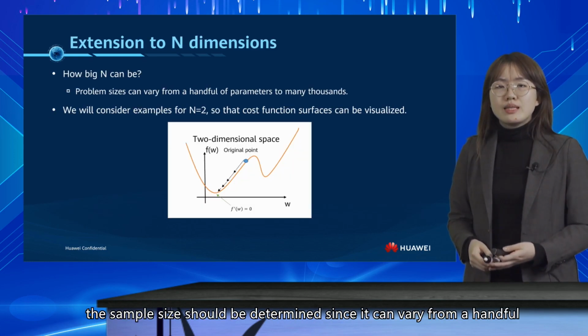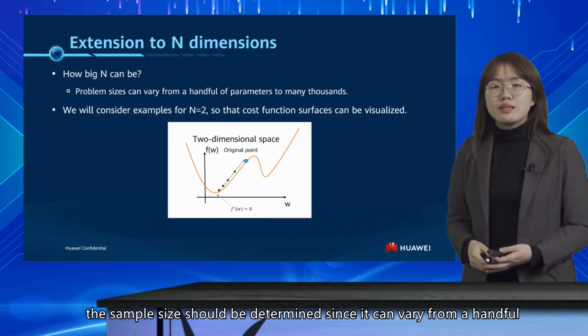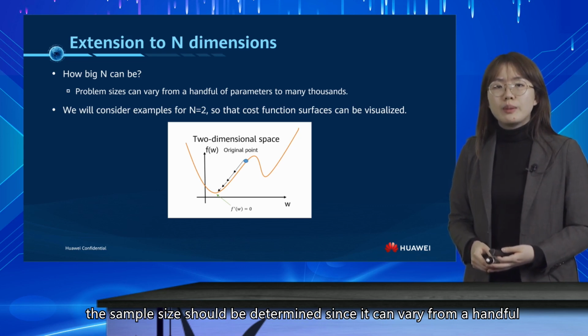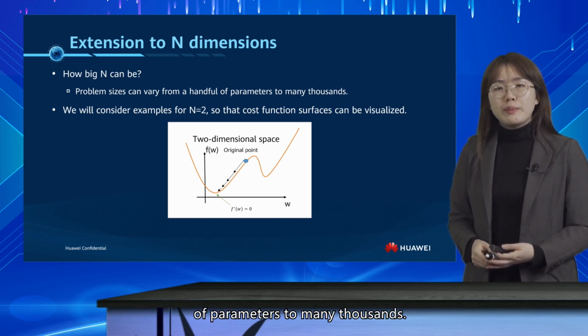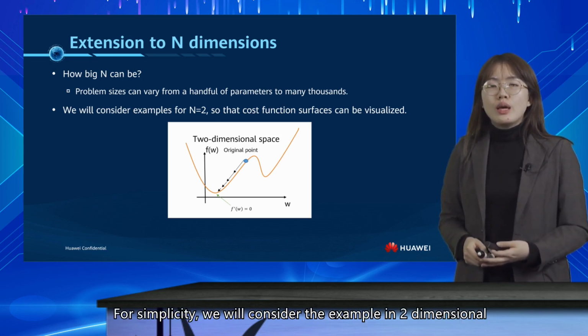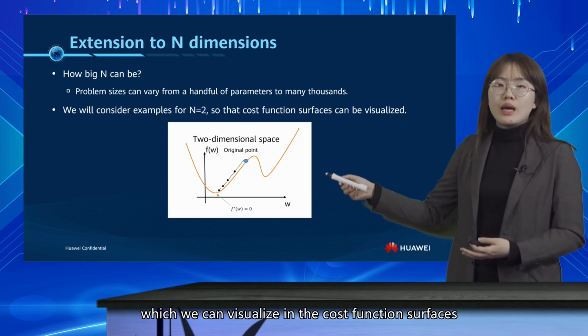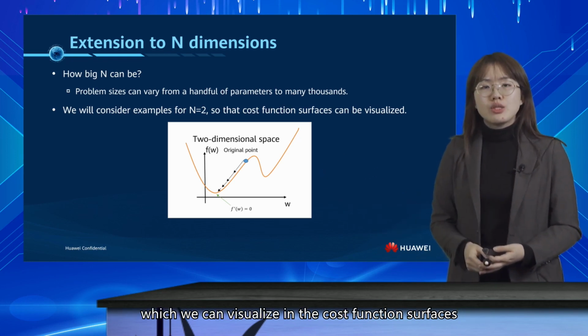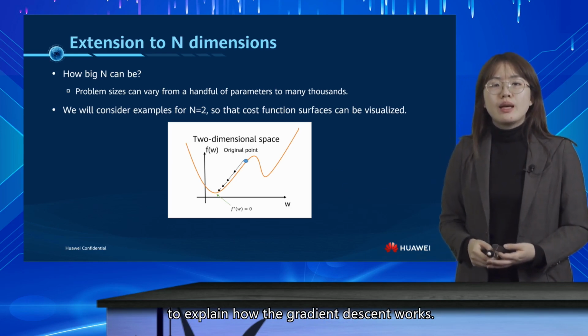To begin with, the sample size should be determined since it can vary from a handful of parameters to many thousands. For simplicity, we will consider the example in two dimensions, which we can visualize in the cost function surface to explain how gradient descent works.